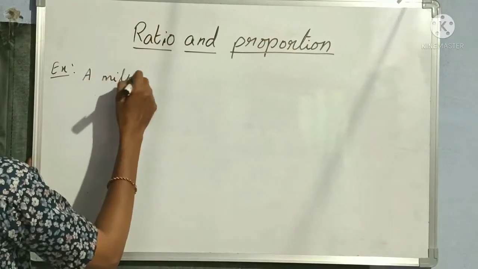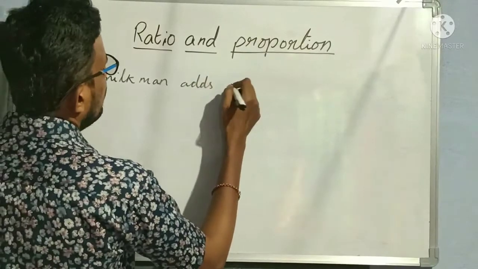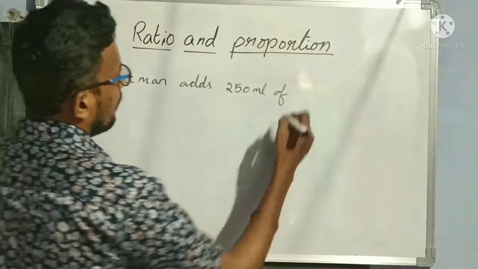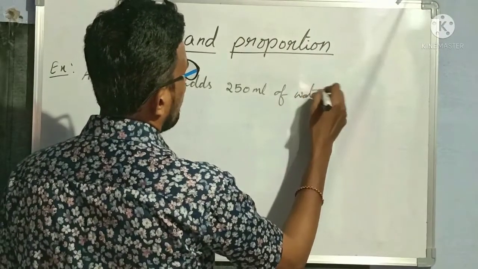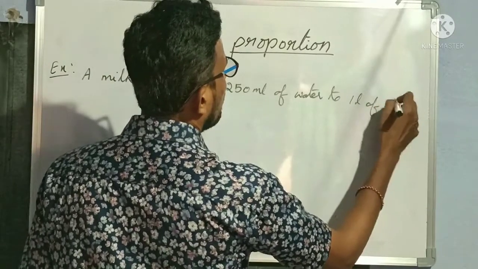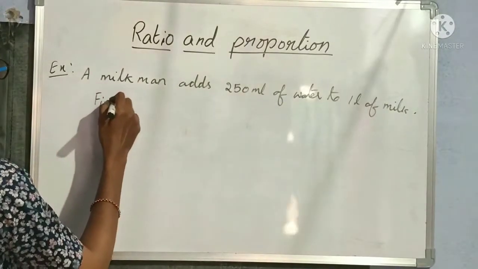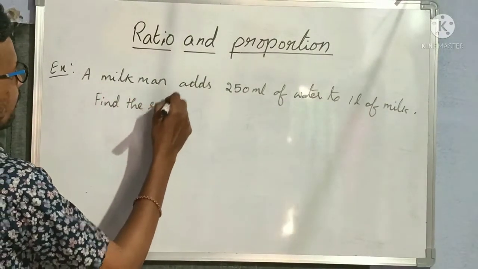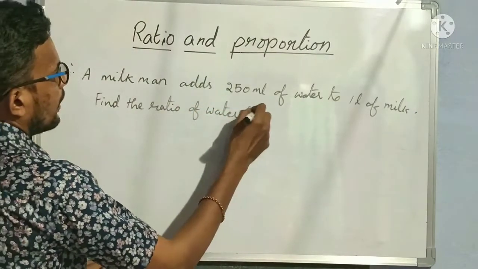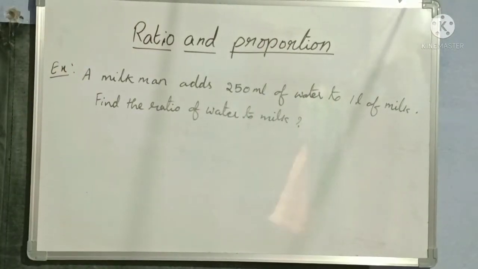A milkman adds 250 ml of water to 1 liter of milk. Find the ratio of water to milk. Okay, this is our question.